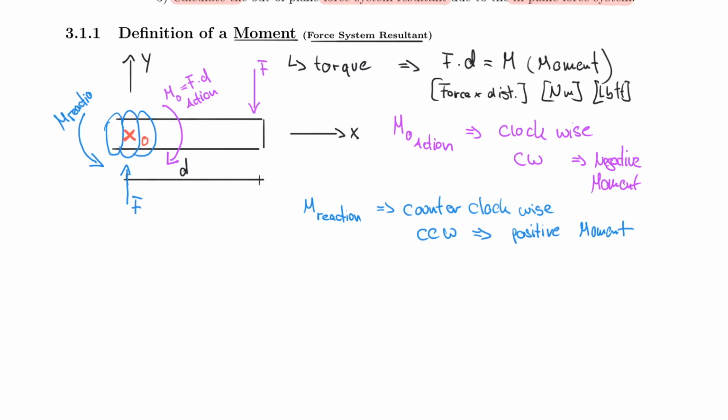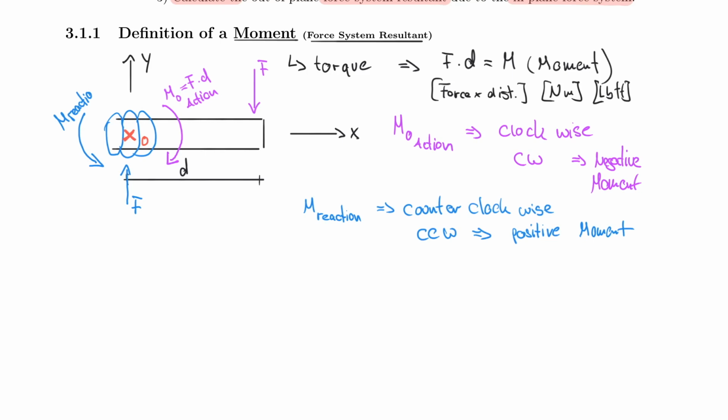So that is an important concept to understand, and it actually speaks for the fact that a moment is only the tendency to rotate. So the force causes a tendency to rotate, and the moment is only created if this rotation is prevented. And that is very important. So let's write it down.